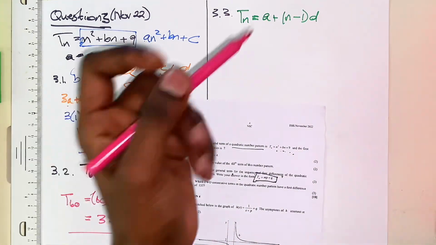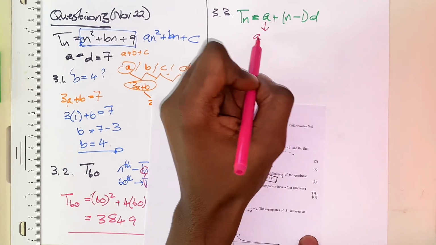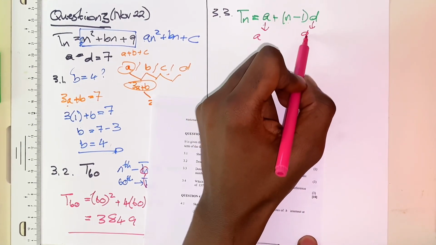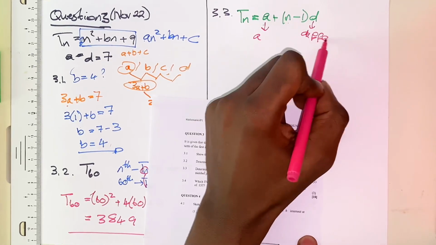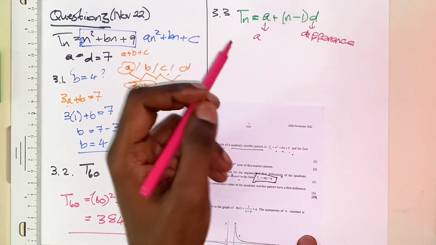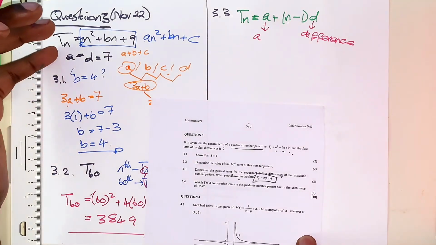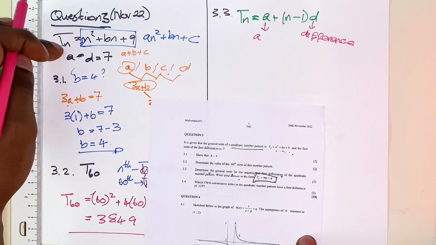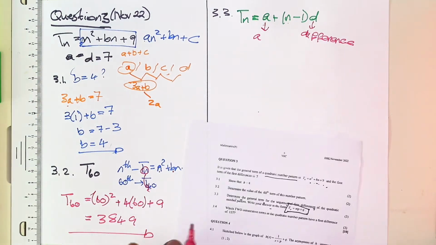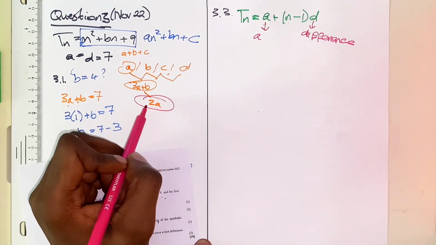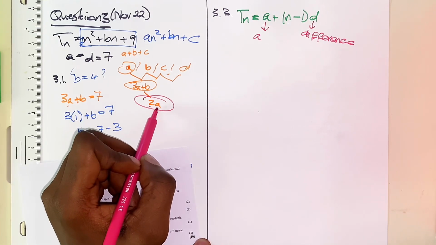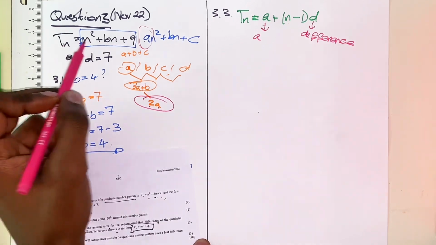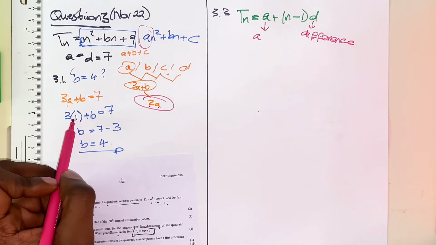The first thing that we need to find is A, which is the first term, and we need to find D, which is the common difference. Now, the common difference of the first difference of a quadratic sequence is the second difference for that quadratic sequence. Now remember that we said that second difference is given by 2a, and that a is the one that we find in our general formula.